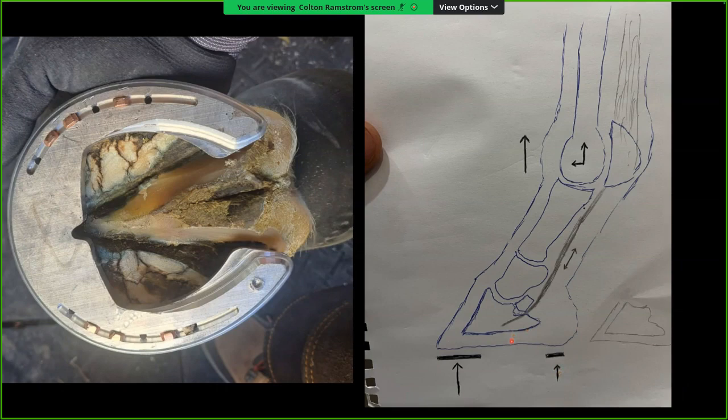Arrow here. And so we have three main structures that are supporting the fetlock: suspensory apparatus, deep digital flexor tendon, and superficial digital flexor tendon, which is not drawn in here. But this thin line represents the deep digital flexor tendon with its insertion down here on P3.